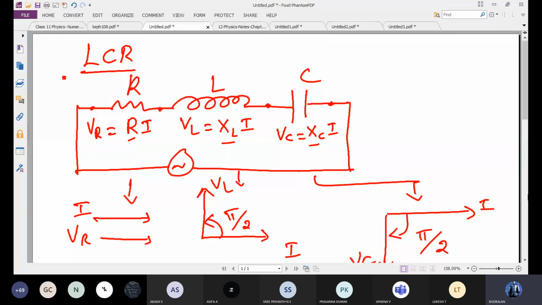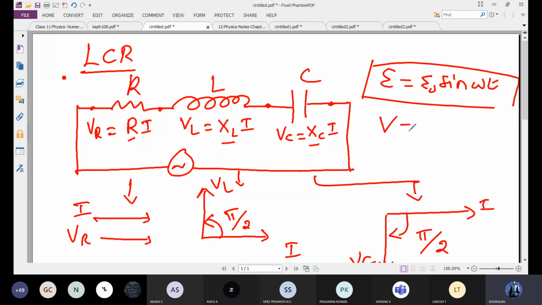AC source means the EMF formula E is equal to E naught sin omega t. It is common. Sometimes we will mention E, sometimes V also. So V is equal to V naught sin omega t also.